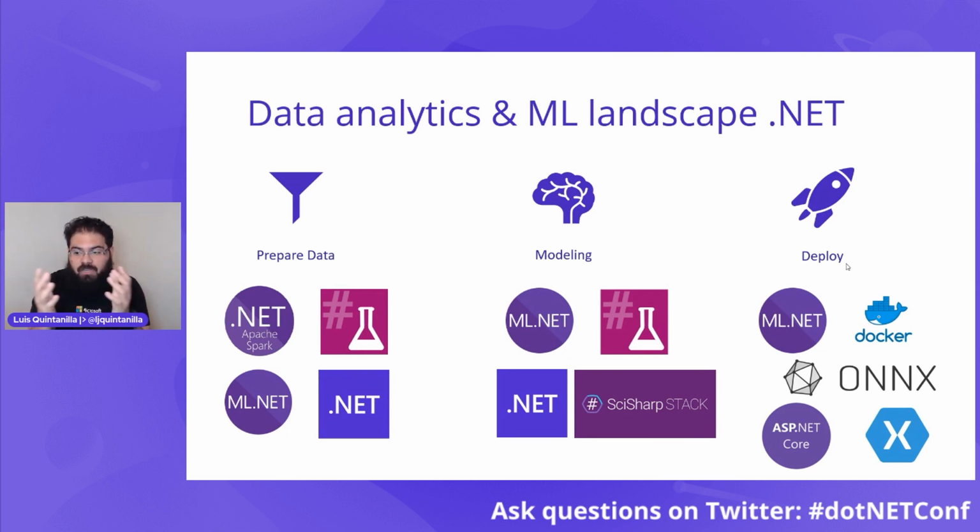For modeling, again, you also have ML.NET, and one of the things that I didn't really talk about in terms of data preparation, but will focus a little more on here, is ML.NET, which is an open source and cross-platform machine learning framework for .NET. ML.NET allows you to not only train custom machine learning models, especially for classical and deep learning scenarios such as image classification, but it also allows you to use pre-trained models.